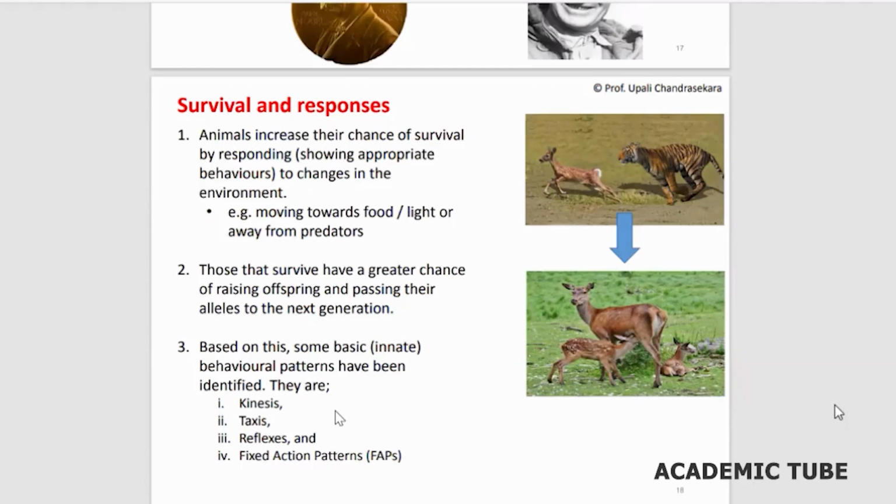A few sentences. Just read these sentences. Animals increase their chance of survival by responding to changes in the environment. Now, for example, this deer, upon seeing its enemy, runs away. Its response is running away. If it did not run, it would become food for the tiger.